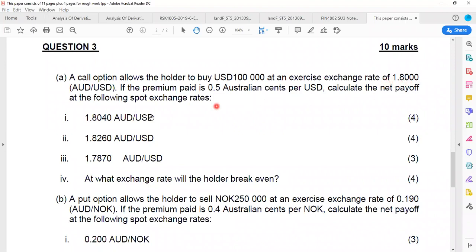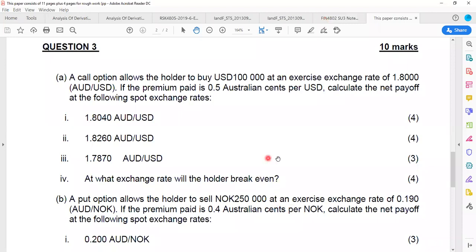So this would be an Australian company. This would be the rate at which you have an option to buy sometime in the future, and you actually have to pay 50 Australian cents to be able to buy at this rate. But we'll look at this in the coming lessons.